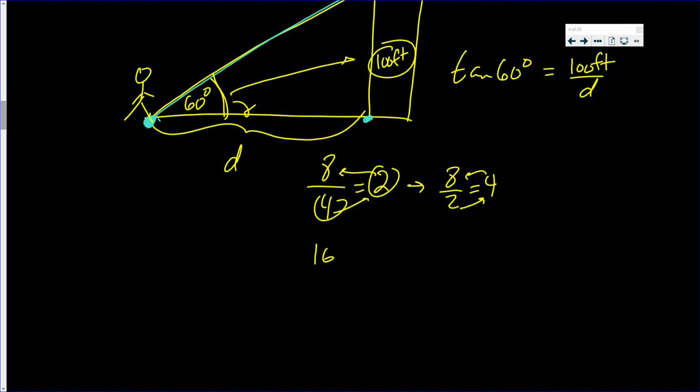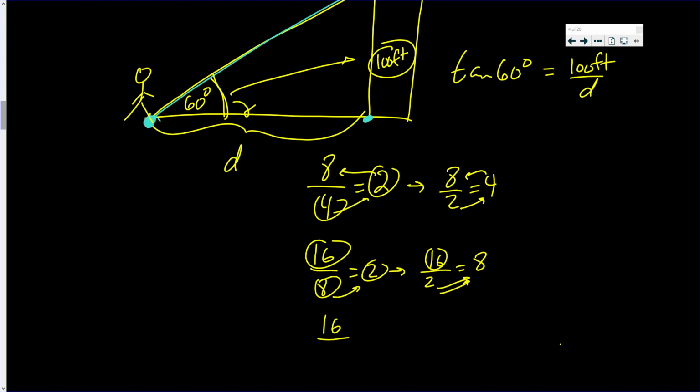Okay, 16 over 8 is equal to 2. If I switch those two values, I still get a correct answer because 8 times 2 has to be 16, and 2 times 8, that's the same as 8 times 2. You can always switch these.